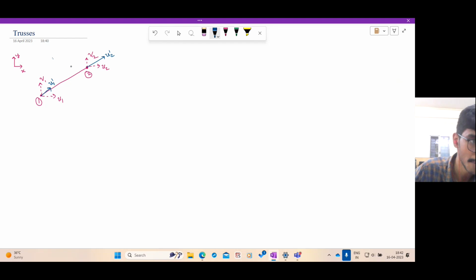And this is with respect to a local coordinate system that is oriented this way, X prime, Y prime. And the angle difference can be taken as this theta. This angle with the horizontal, let's take it as theta.